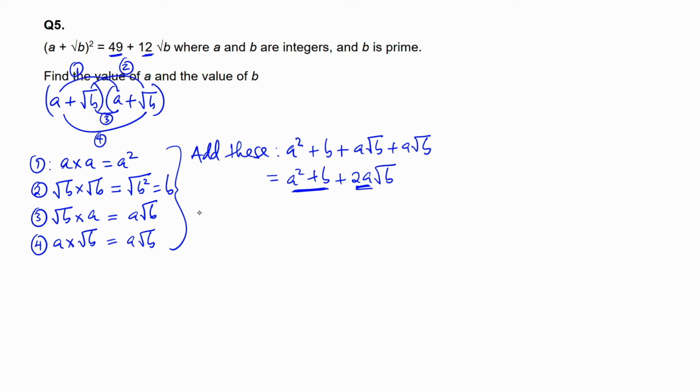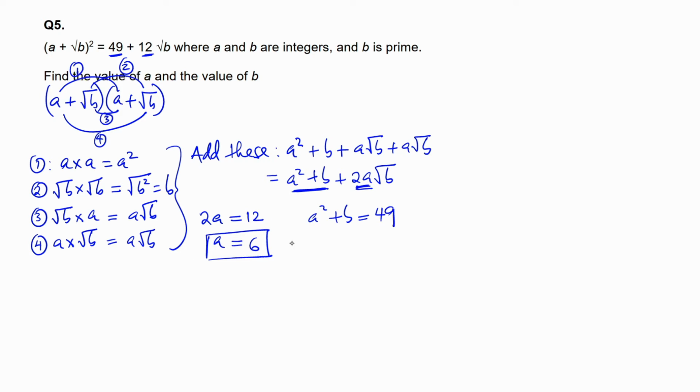So by inspection, we can see that 2a will be equal to 12, which implies that a will be equal to 6. Okay, and then we can also clearly see that a squared plus b will be equal to 49.